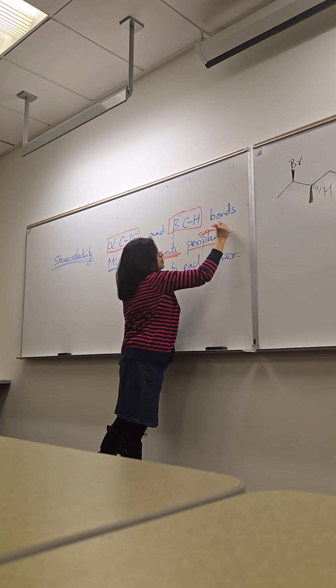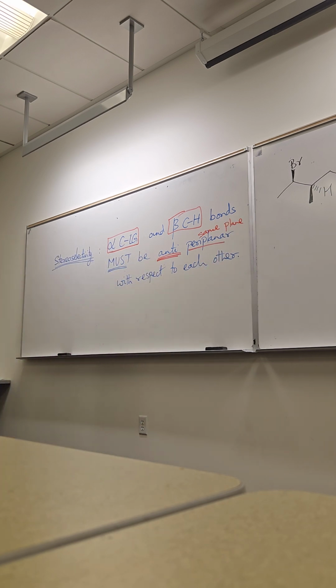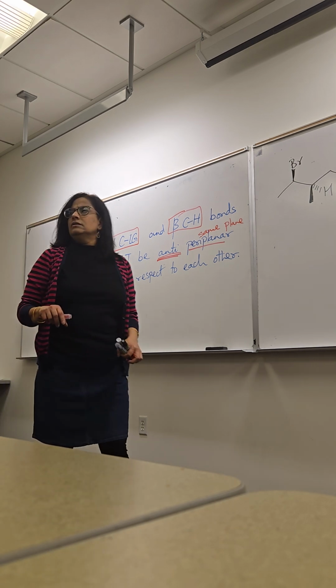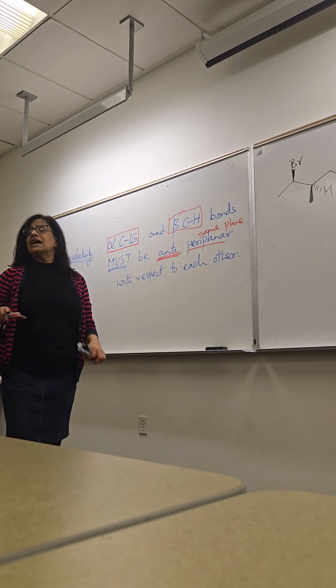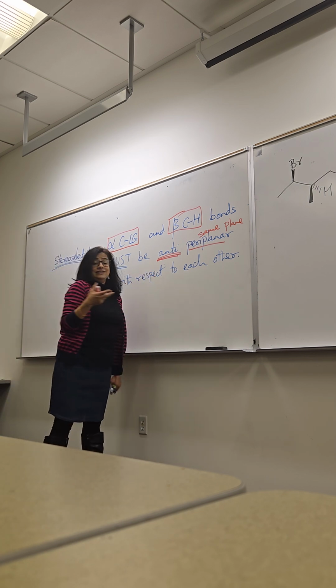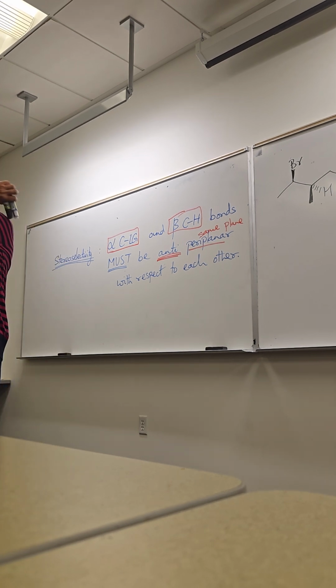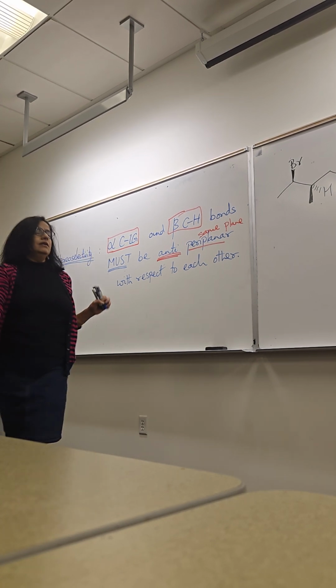That means same plane. What does anti mean? Not. Okay, come on, let's do better than that. Against, or opposite, meaning what is the dihedral angle supposed to be? What should the dihedral angle be if two things are going to be opposite? 120?